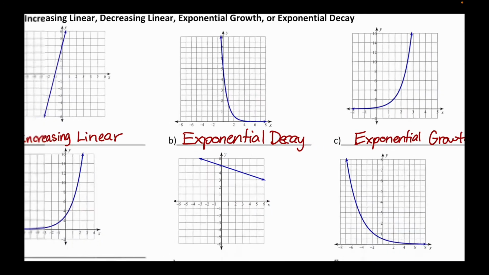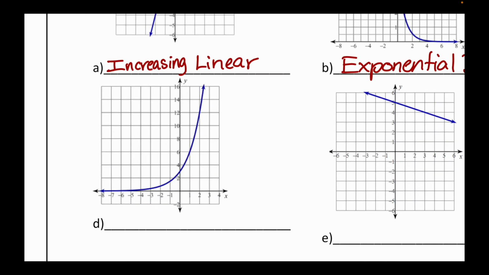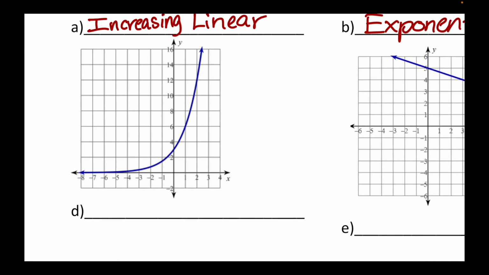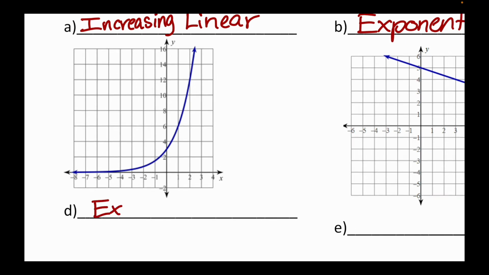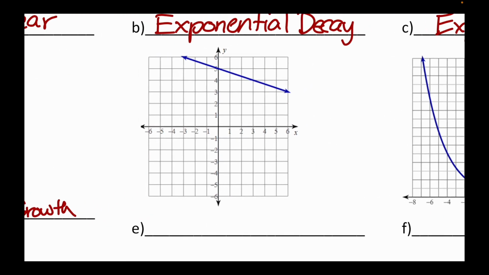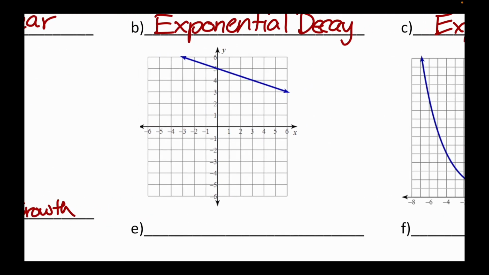Okay, let's look at these last 3. This one here looks just like the one we just talked about, so this is also going to be exponential growth. For letter E, this is linear because it is a straight line, but it is decreasing because it is going down from left to right.